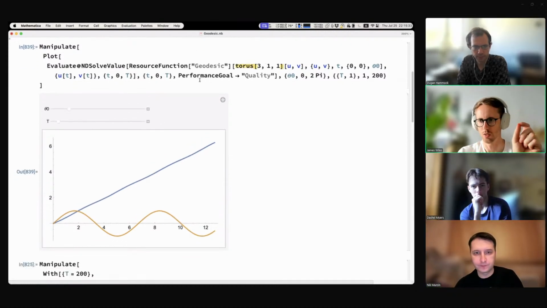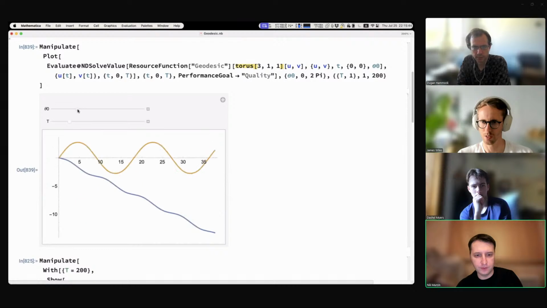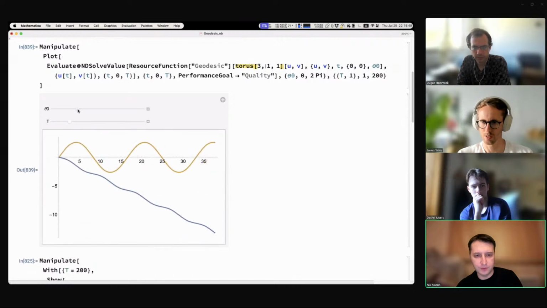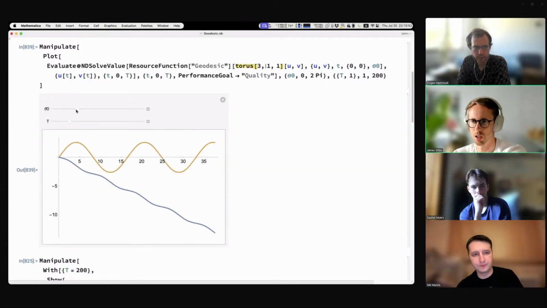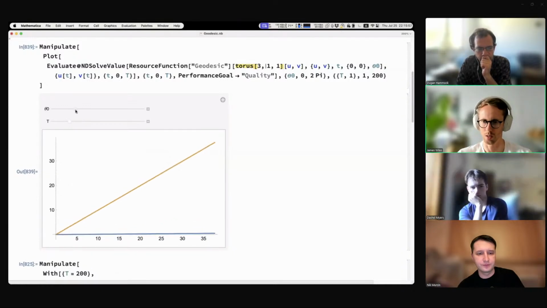Increase the theta toggle. The theta, what is that thing? Theta 0. See how they swap over? Yeah, so at some point it goes into the other direction. Can you output the exact number of what that theta is, and we can see what that looks like on the actual torus?